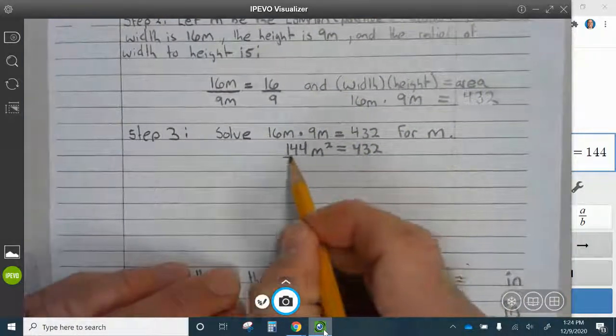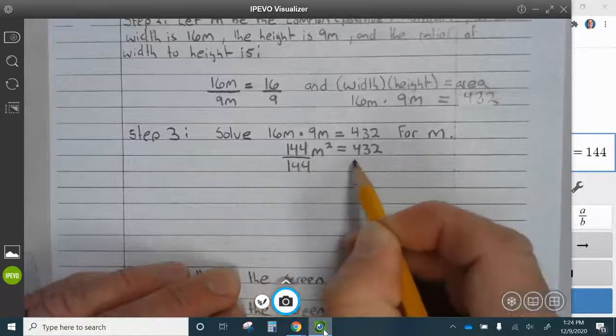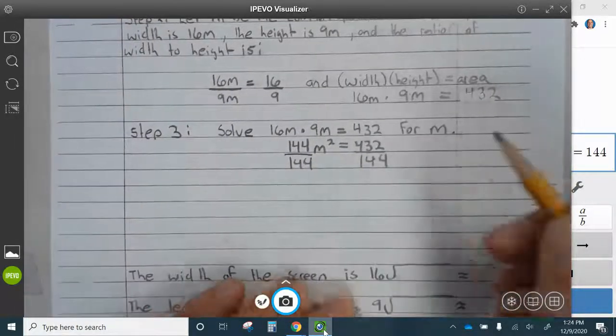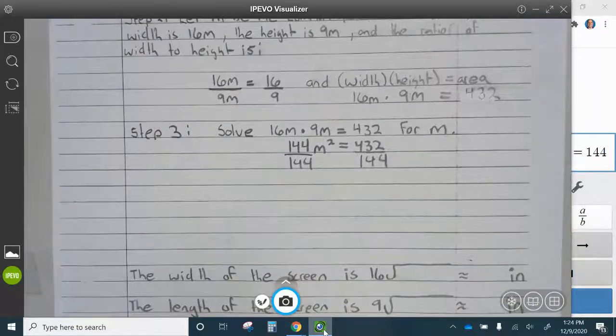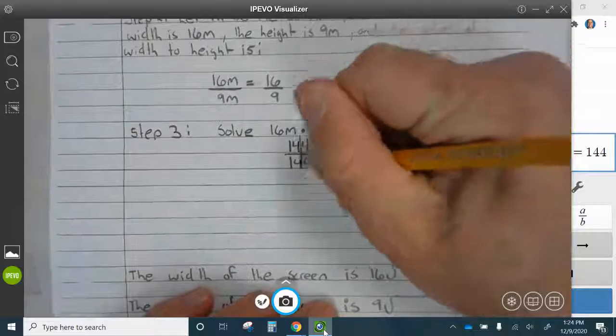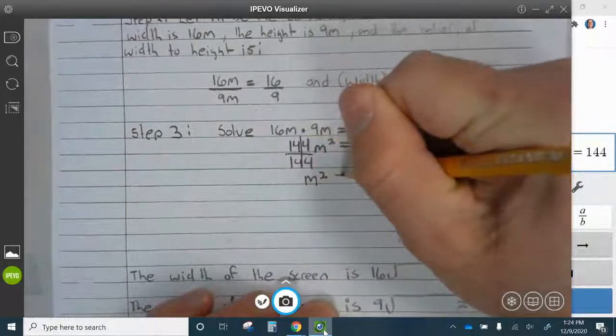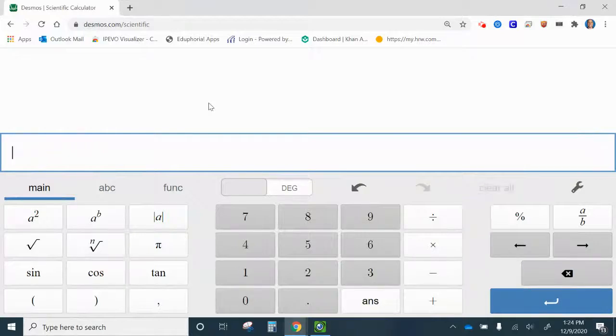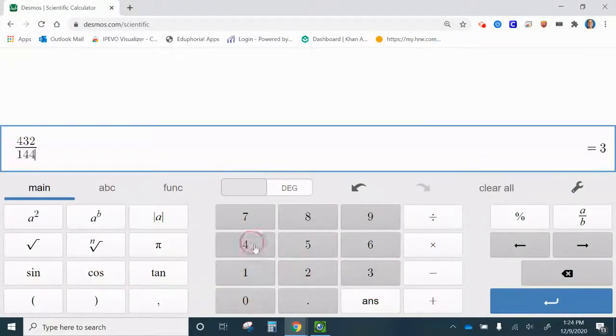We're going to divide both sides by 144. So this divides and becomes 1. So m squared equals 432 divided by 144, which is 3.